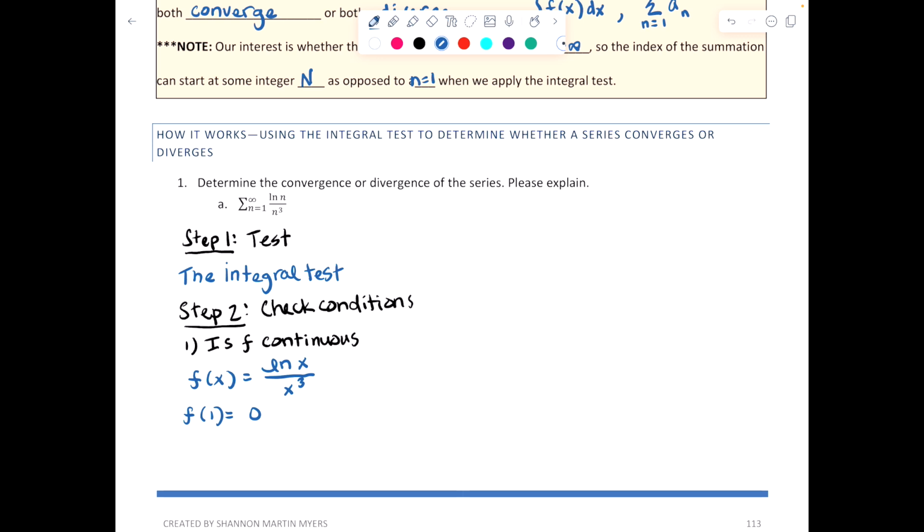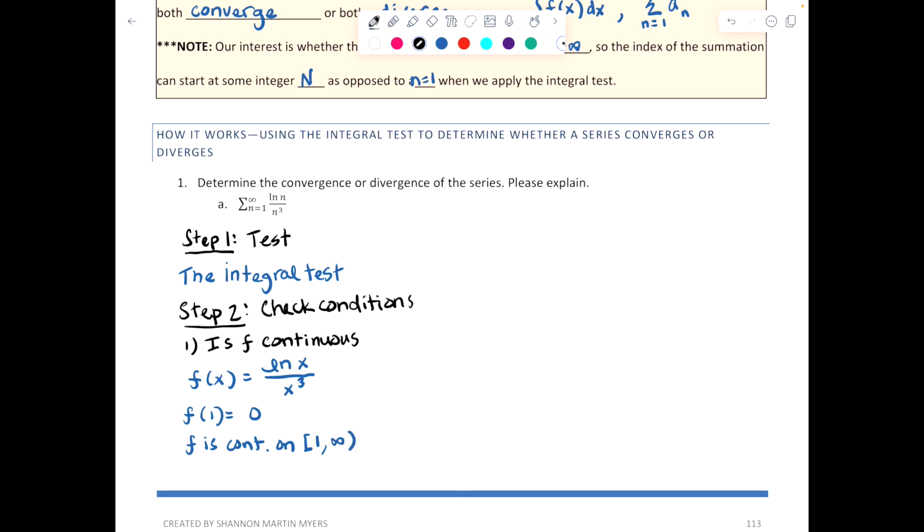The discontinuity would be at x equal to 0 for this graph. So f is continuous on one to infinity.